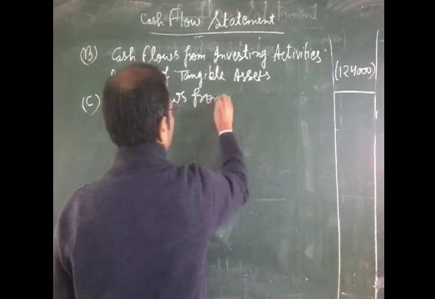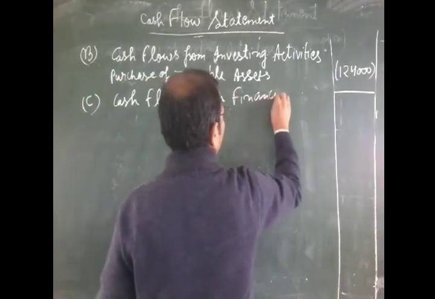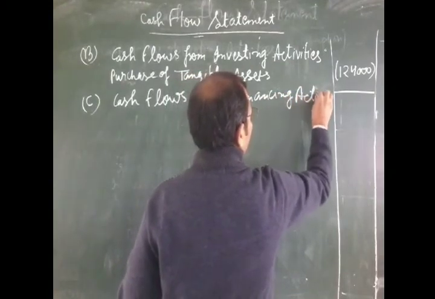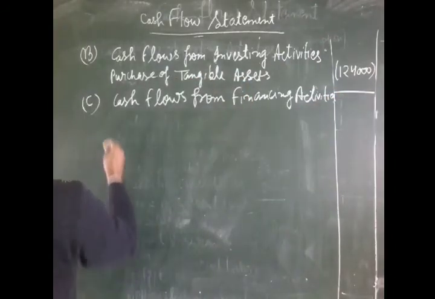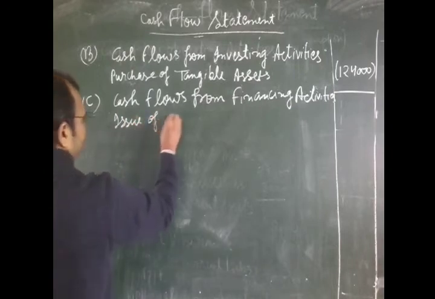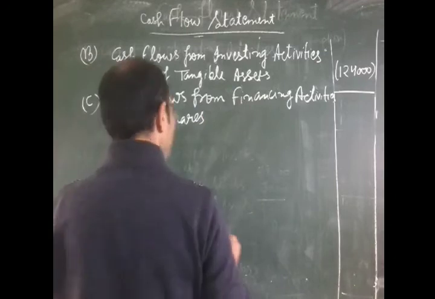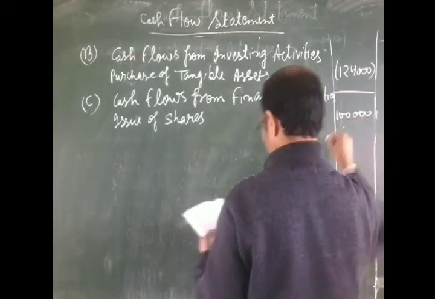After doing this, we will write here cash flow from financing activities. We will write here issue of shares, and the amount will come of 1 lakh.